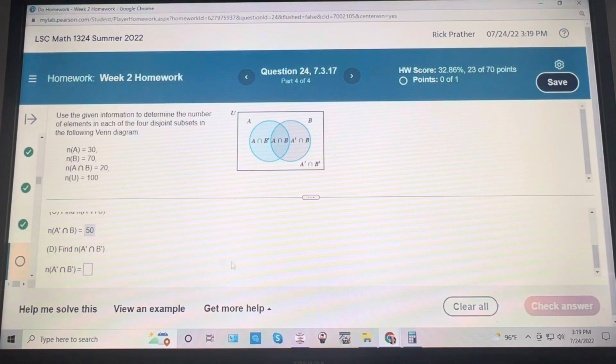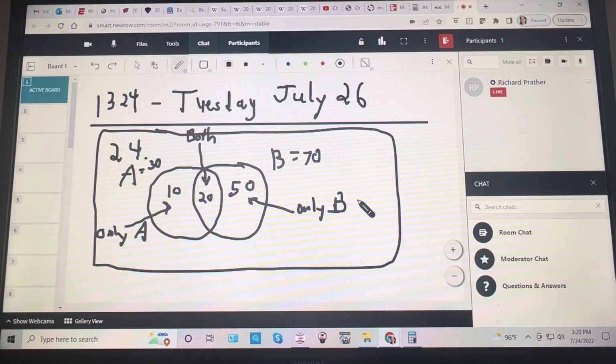We're also told the number of elements in the entire universe is 100, so we have 100 to work with. And it's not 30 plus 70 is 100, because that's double counting these 20 people. So you want to do 10 plus 20 is 30 plus 50 is 80. We have 80 inside the circles one way or another. There's 100 total in the whole universe.